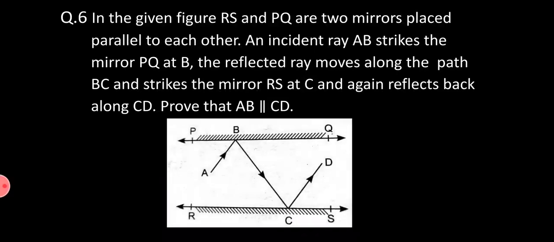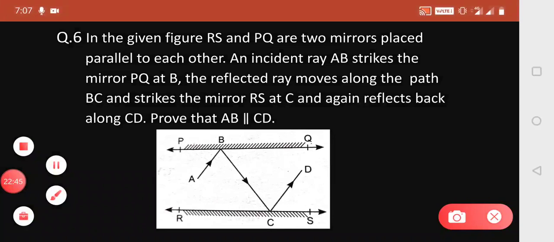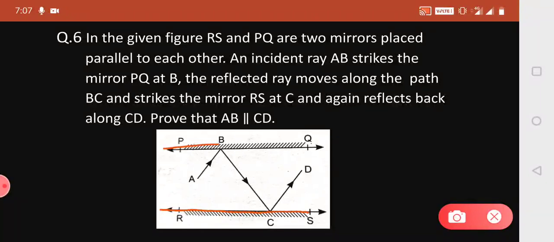Let's see the figure. Yes, according to the question, it is given that RS and PQ are two mirrors which are kept parallel to each other. These are two mirrors. Now one incident ray, this AB, is falling on PQ. Then this is reflected at B along the path BC.